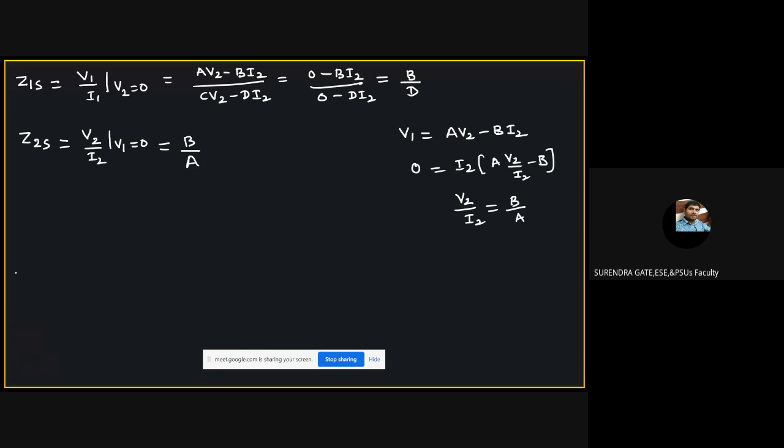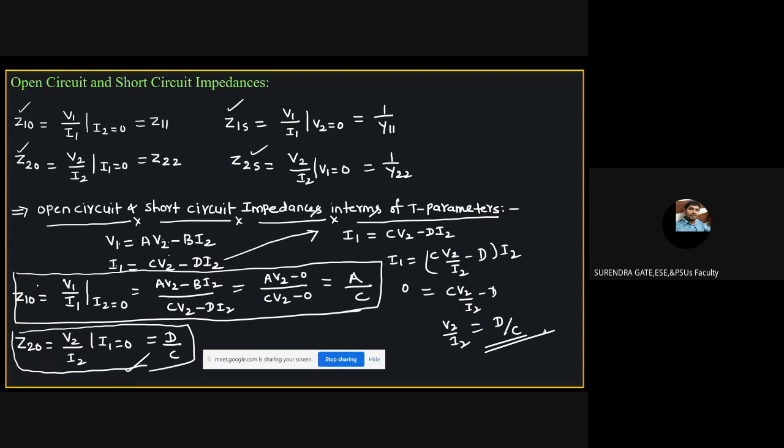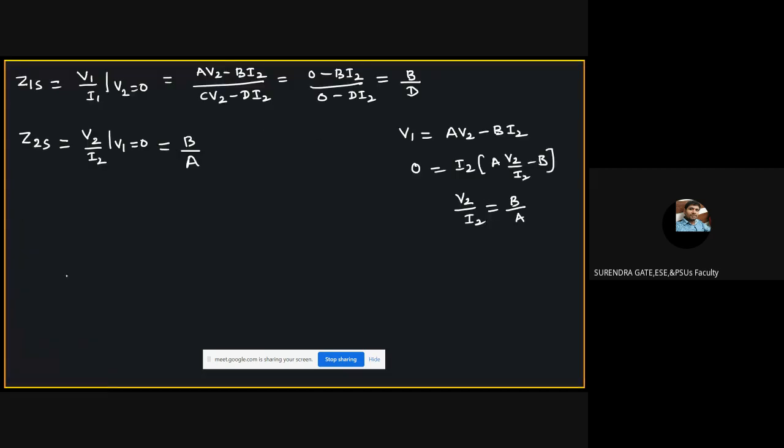Clear, students? Yeah, this calculation is very important for exams. Open circuit impedance in terms of ABCD parameters at port 2, short circuit impedance at port 1, and short circuit impedance at port 2 in terms of ABCD parameters. That is the final conclusion I am giving.